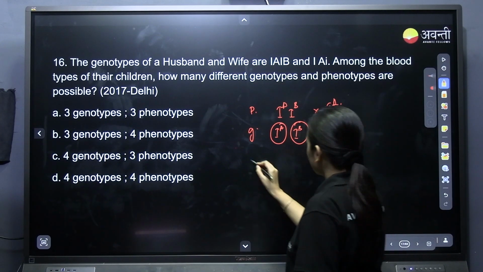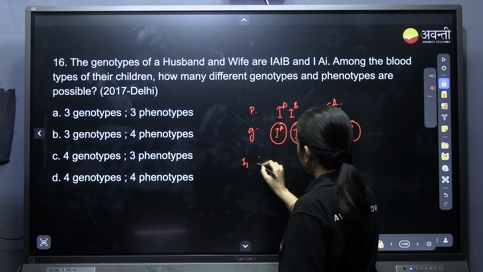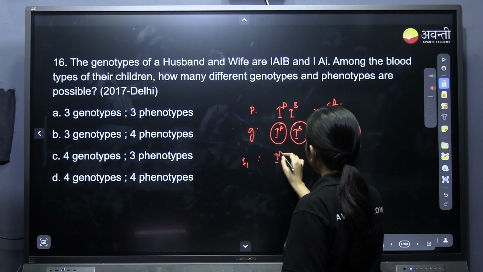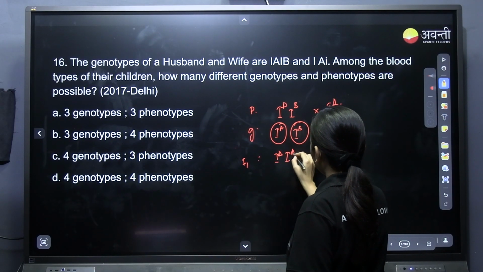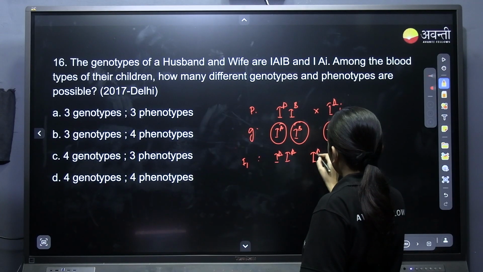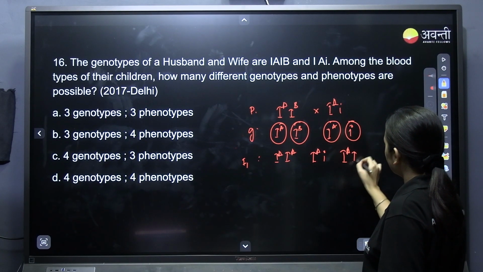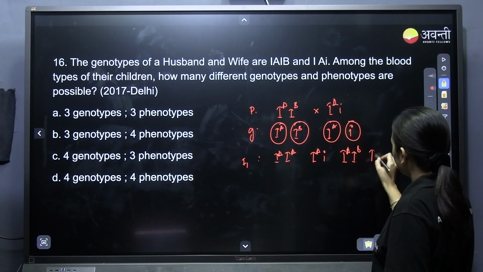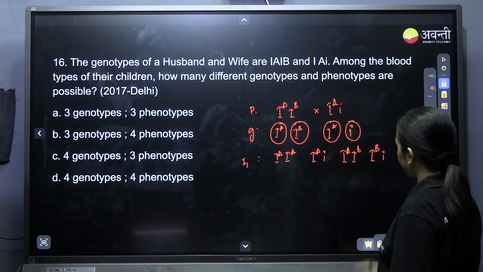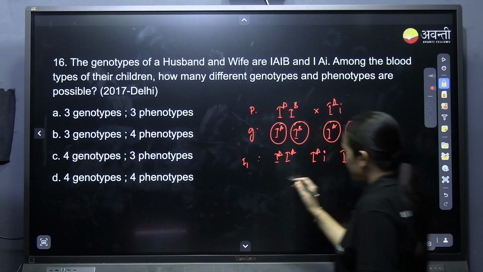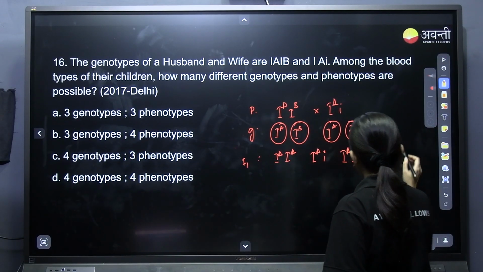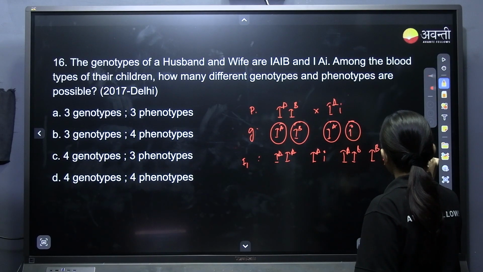This could be the gametes. Now in the F1 generation, if you see the children, IAIA, IAi, IAIB, IBi. So this is the genotypes.